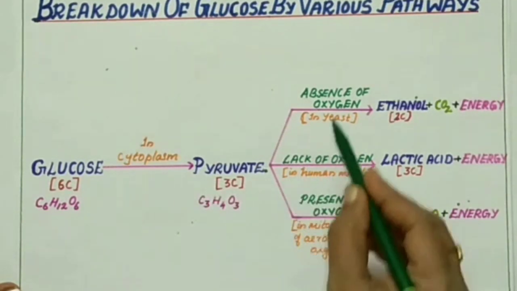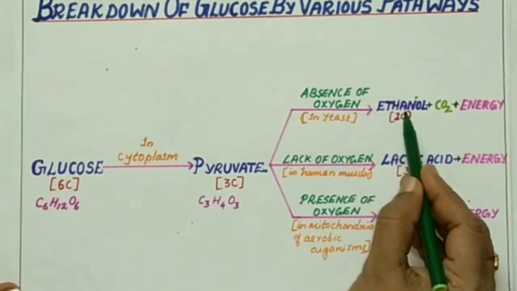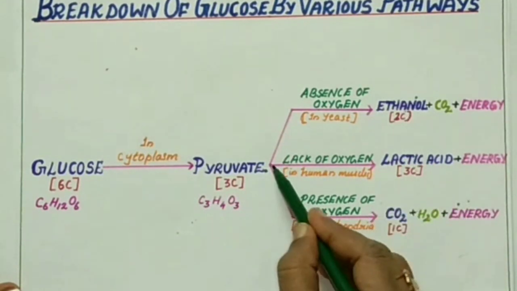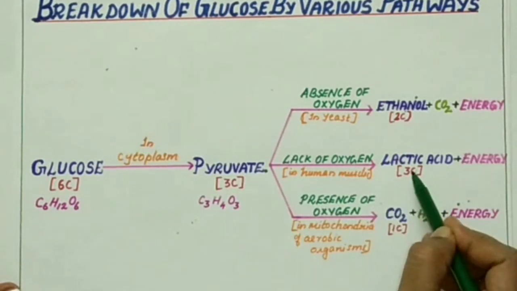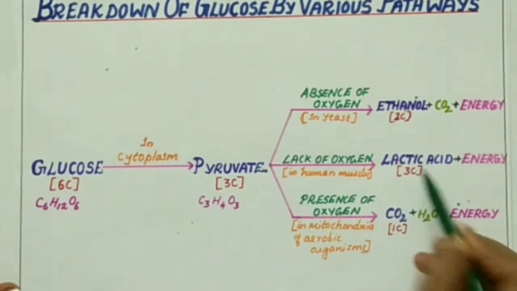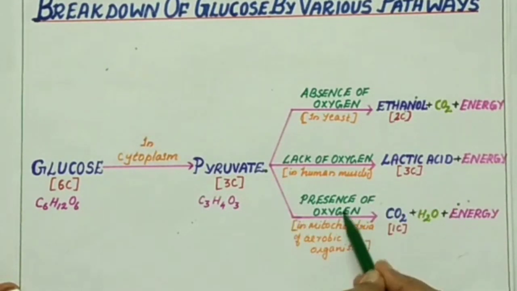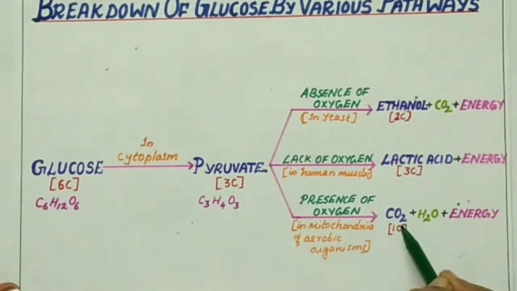Anaerobically, in the absence of oxygen, it breaks down into ethanol; in the lack of oxygen in human muscle cells, it breaks down into lactic acid; and in the presence of oxygen in the mitochondria, the pyruvate completely breaks down into carbon dioxide and releases energy.